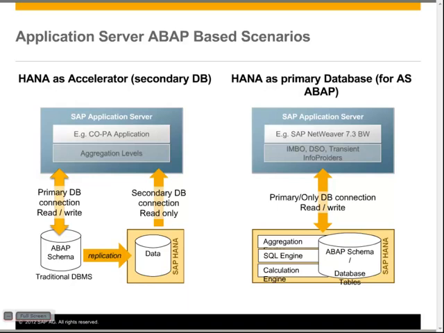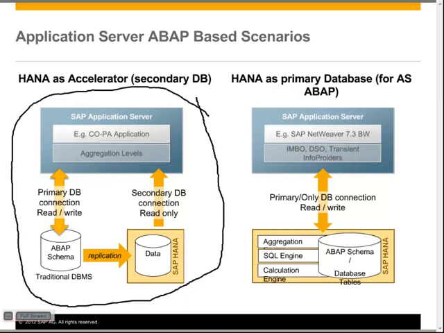In the first instance here, we can see HANA as an accelerator, which kind of means a secondary database. So as a secondary database, ABAP schemas are replicated into HANA, and then HANA acts as a secondary database with a read-only connection.